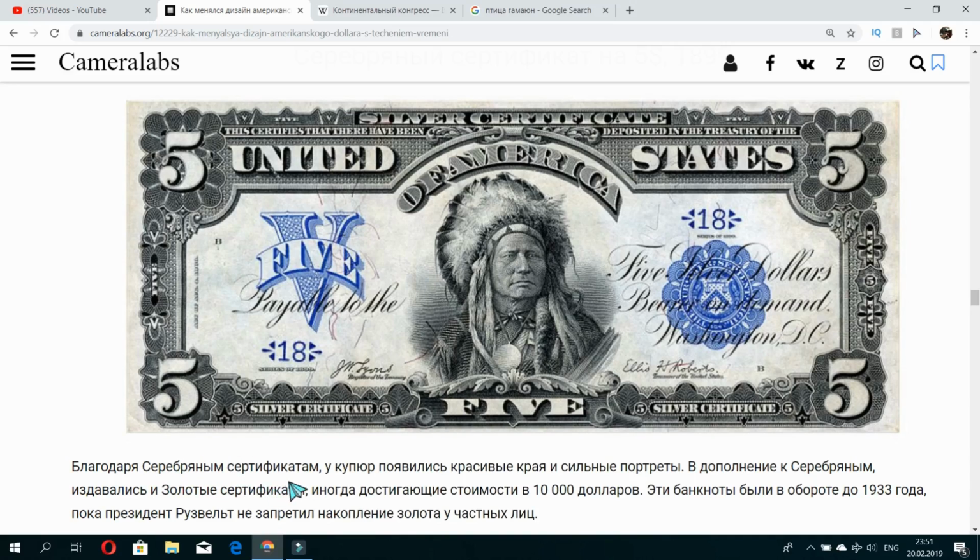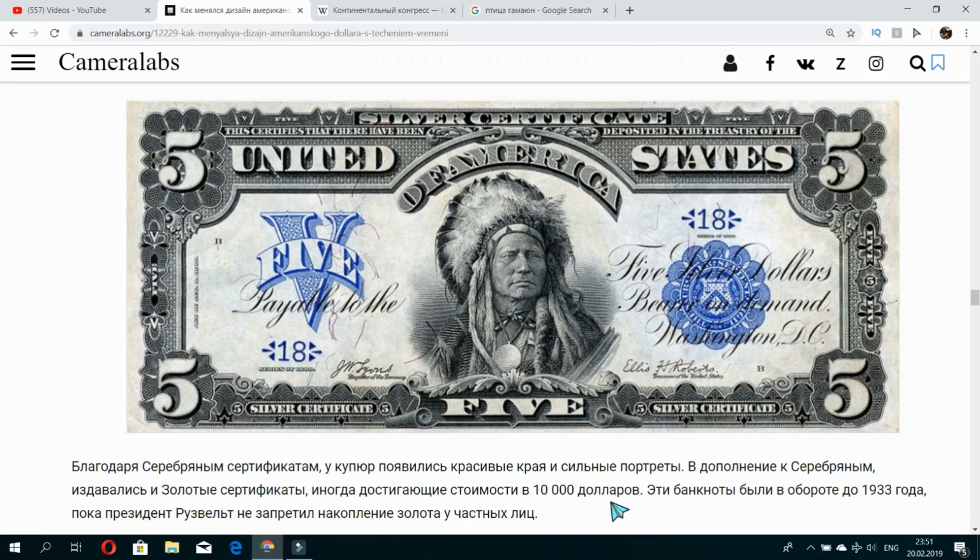And amid those silver certificates, the banknotes had those fancy, beautiful prints on the sides, and really strong portraits. In addition to silver, there was a gold certificate.